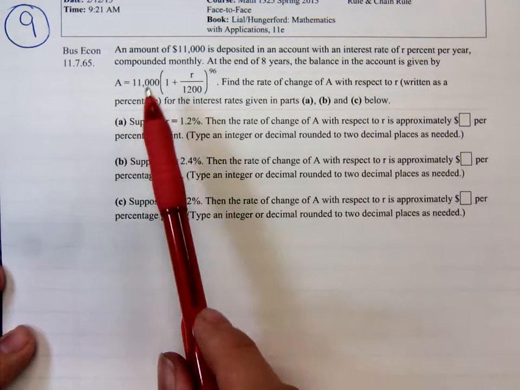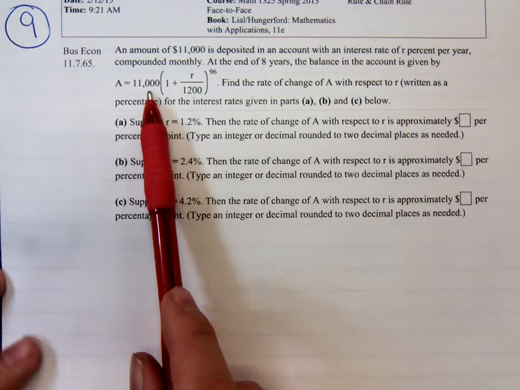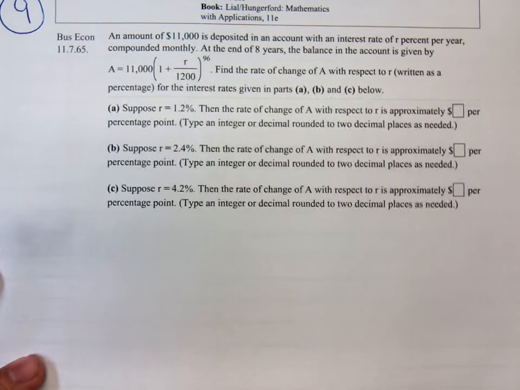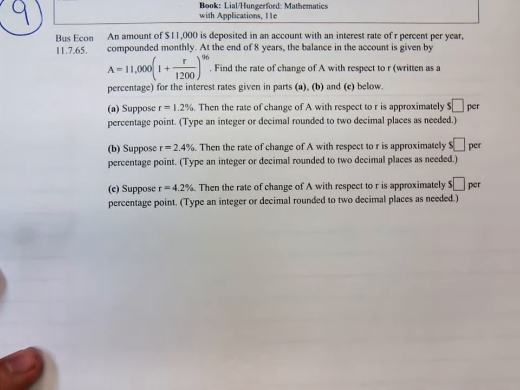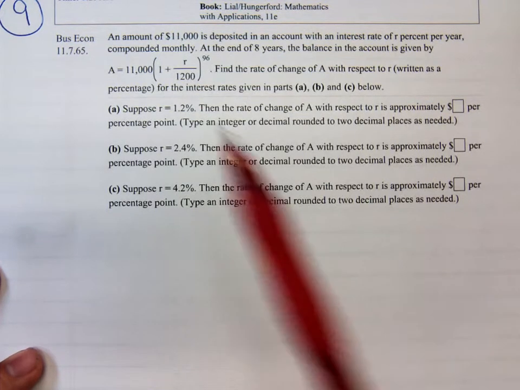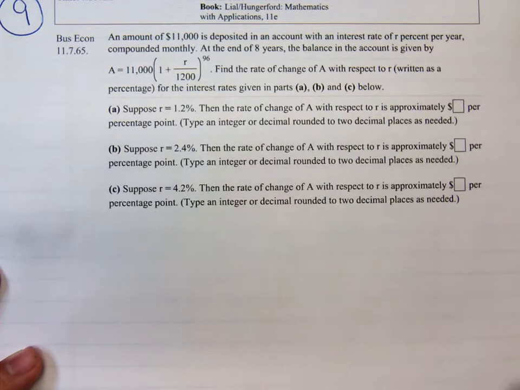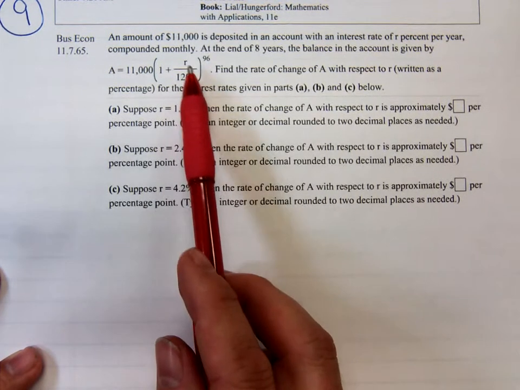The funny thing is, I just finished discussing compound interest in Math 1324, and this is not the same formula that we use in Math 1324. Notice for that rate per period, you normally take the little rate as a decimal and divide it by the number of periods. What they've done is they've multiplied above and below by 100.